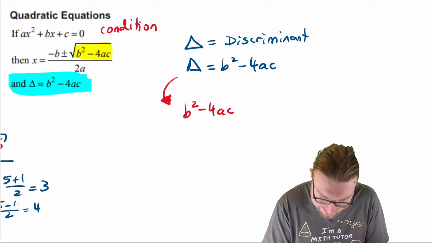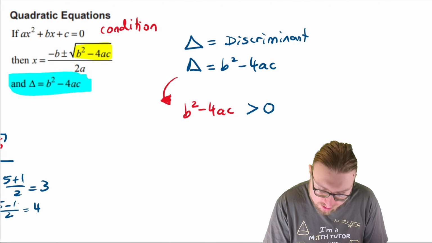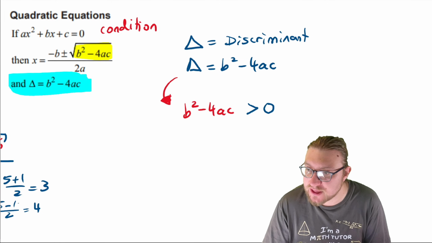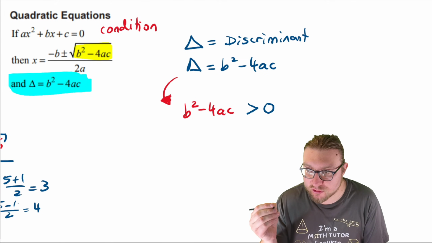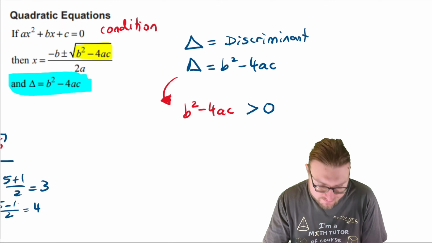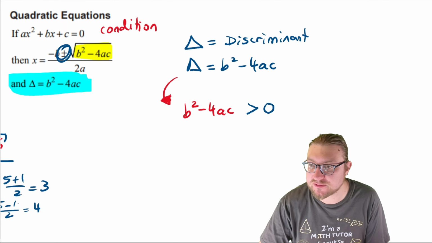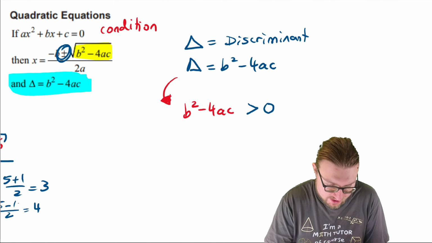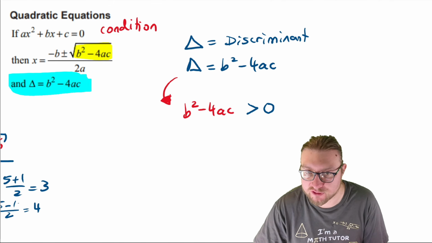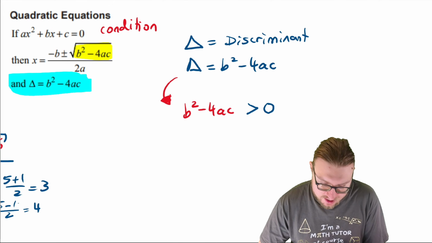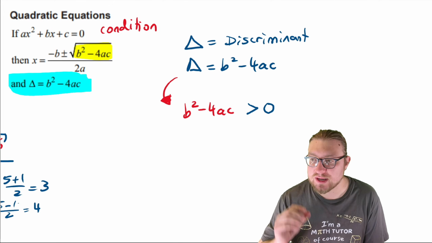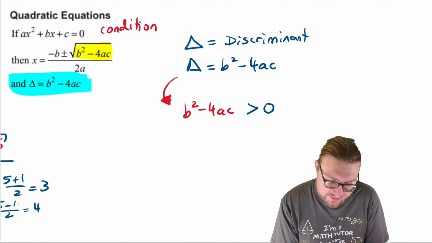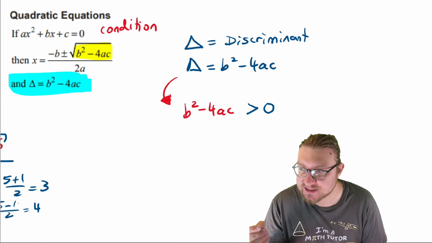If this is a positive number, so this whole expression is greater than 0, then we can take the square root, which ultimately gives us a positive and a negative of that version. So we get 2 numbers, plus 3 and negative 3, for example. These are then the numbers that, when we put them into this equation, make 2 different x-intercepts.